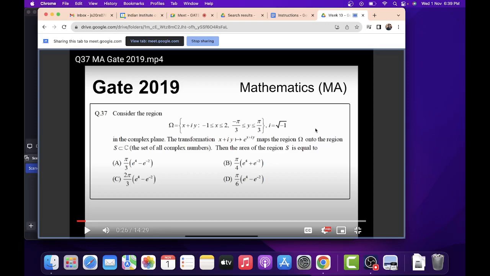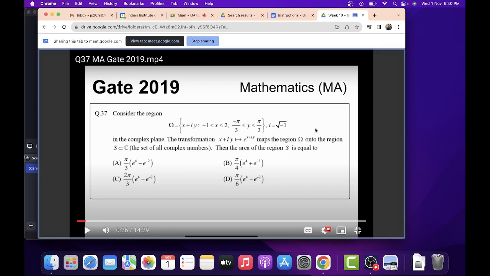Note that x plus iy maps to e to the power x plus iy. If you take the mod, it is e to the power x. So whatever the value of y, its modulus is always e to the power x. The maximum value of x is 2, so in the image the maximum modulus will be e squared.